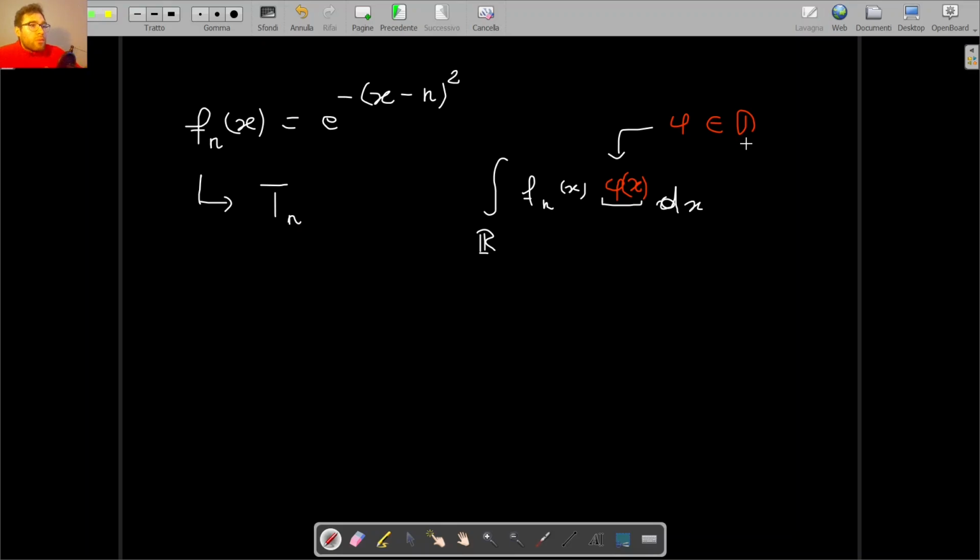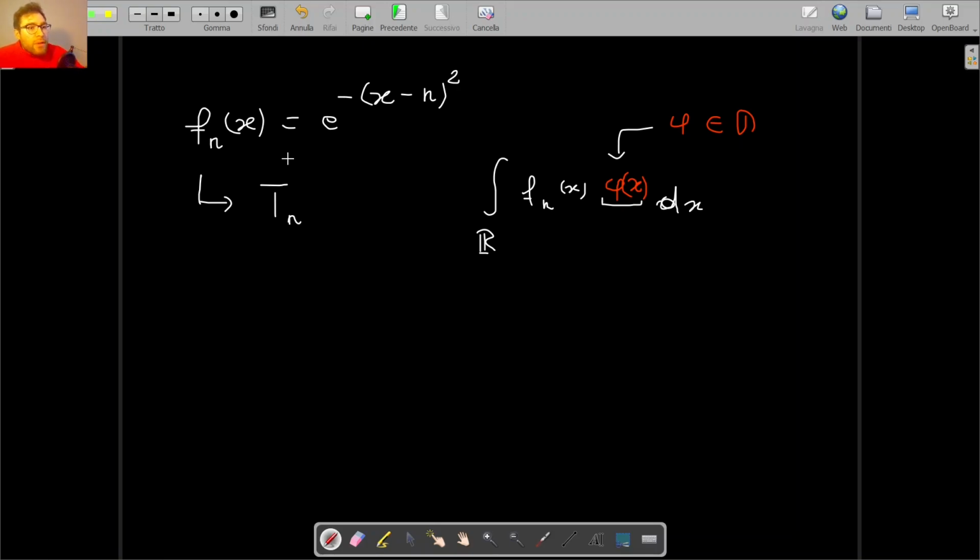So only to recall to our viewers what a test function is: a function with compact support, so it is null outside of a closed interval or region, if you are in R raised to the nth power, and they are also infinitely differentiable. This is what a test function is. So basically they are the most well-behaved functions you can think of.